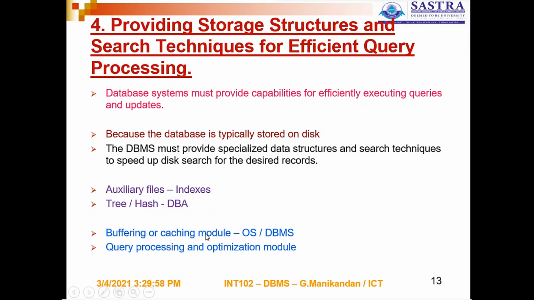If the size of the index file is larger than the size of the cache, you need to employ some appropriate cache replacement mechanism. That we will discuss later. So in order to increase the speed, part of your index file will be stored in this cache memory. It is the responsibility of the DBMS to execute the query in an efficient manner.